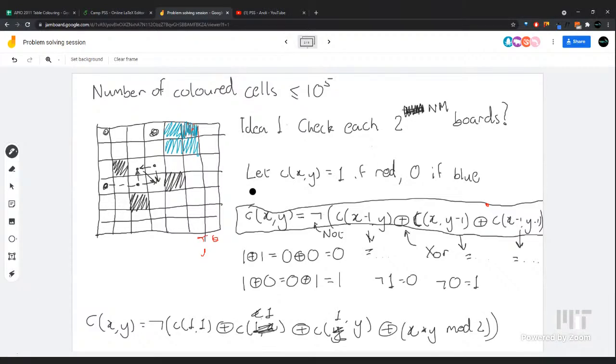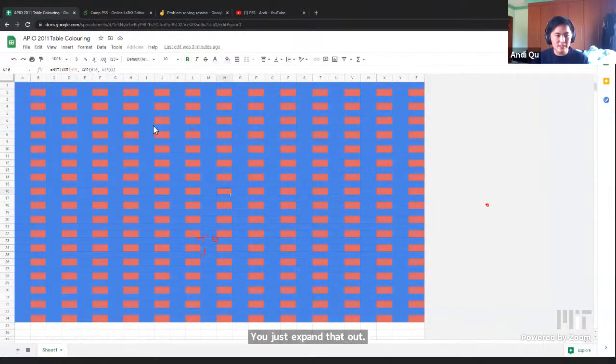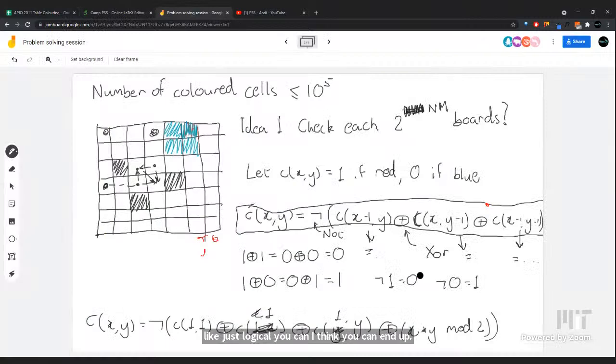You just expand it out, use induction, basically. And basically the spreadsheet just showed you that visually. Arjun, you don't even have to use notation, just logically I think you can induct it. Yeah, you can just use mod 2 if you want. Yeah, you can induct that. And how can one conjecture this very tough equation, that this might be true?